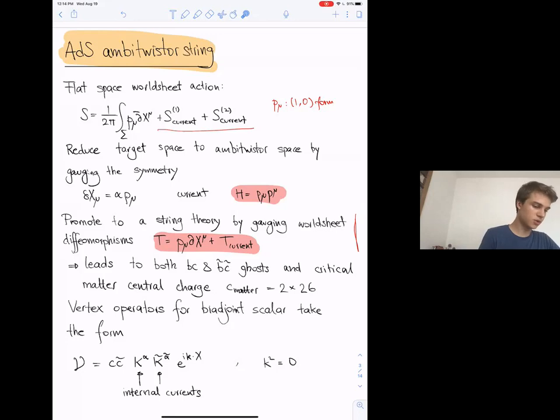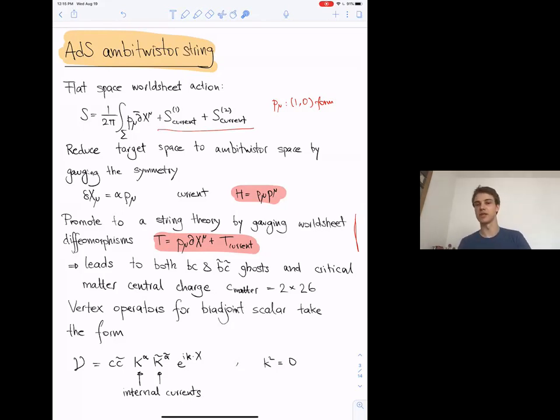Because we have these two spin-2 fields we want to gauge, that leads to two sets of BC ghosts. So we have the usual BC ghosts, but also B tilde, C tilde ghosts that gauge the H field. And since we gauge two of them, the critical central charge for the matter fields will actually be 2 times 26. So very intuitively, we just took all right-moving degrees of freedom and put them on the left-moving side as well.